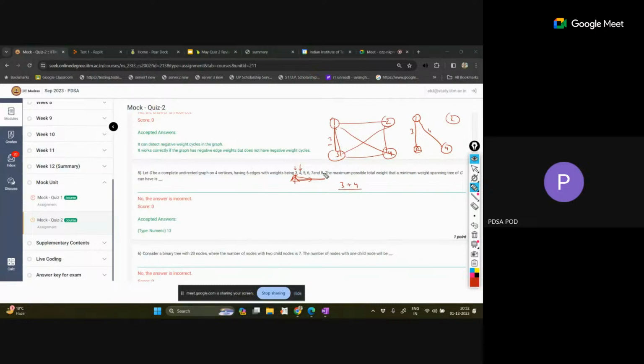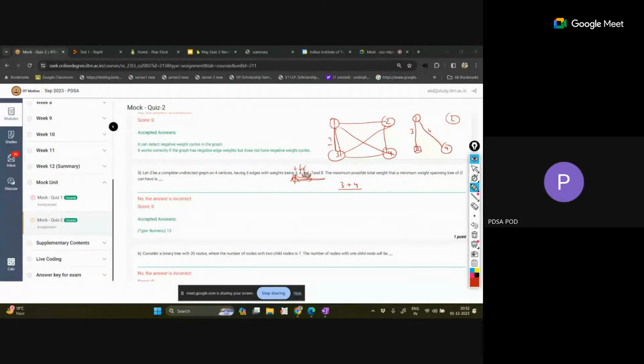Now we need to select the next weight, 5. With 3 edges, a cycle can be created. In a graph, 3 edges can create a cycle. If you look at the next two weights, 5 and 6, suppose we look at the smallest one first, 5.